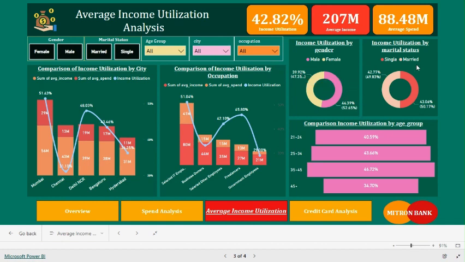According to the marital status, single and married people both spend quite comparable percentages of their income. Single people spend around 43.06% of their income, while married people spend 42.77%. Then going by the age group, we can see that older adults above the age of 45 are spending 34.7% of their income, which is the lowest among all the age group categories.